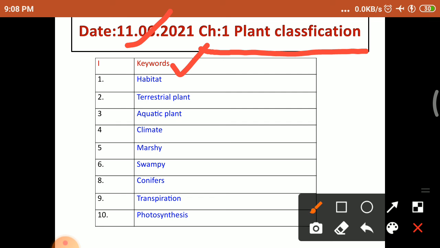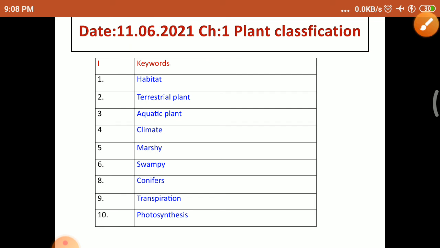Then you have to write the words. First listen to the word, then you will write. The first word, habitat. Listen to the words, then write. The second word, terrestrial plant.